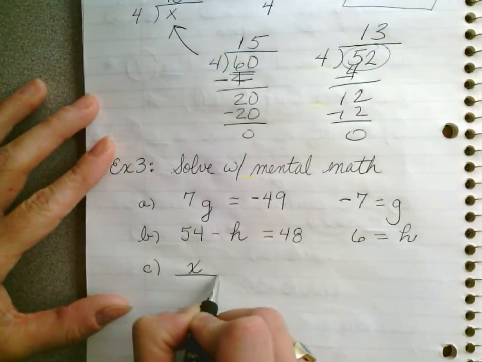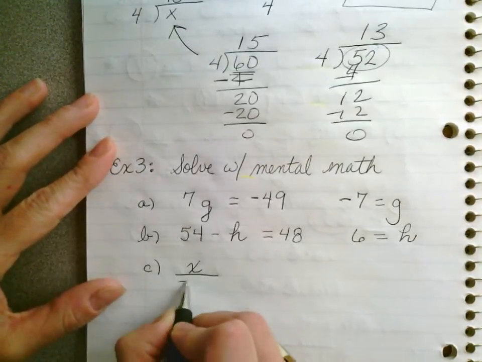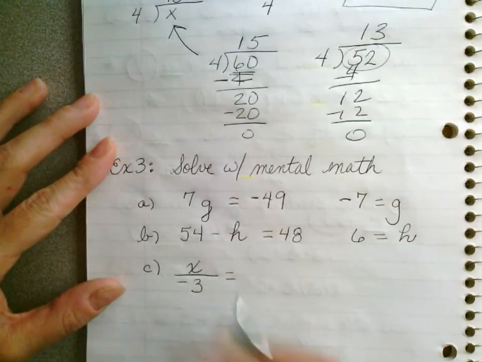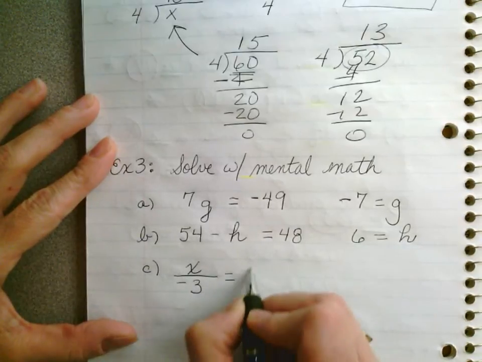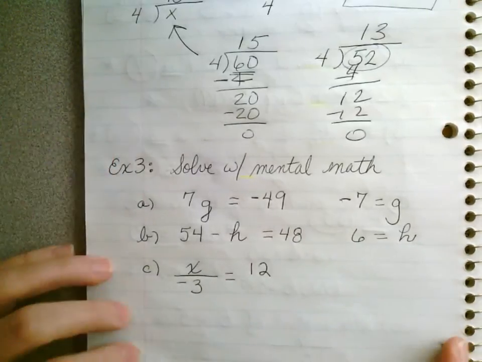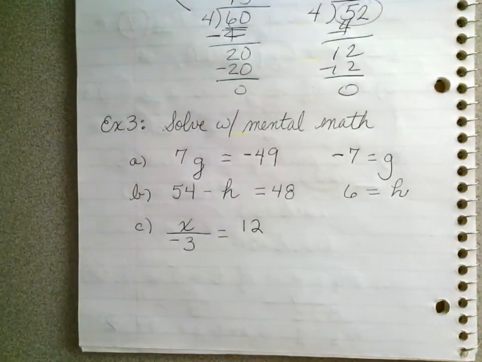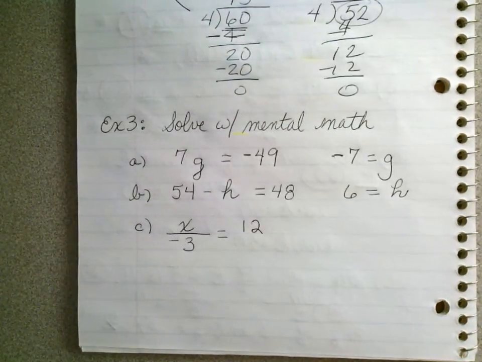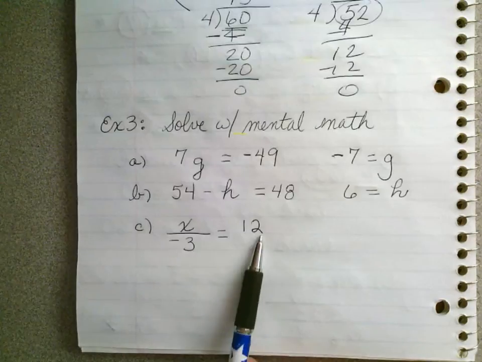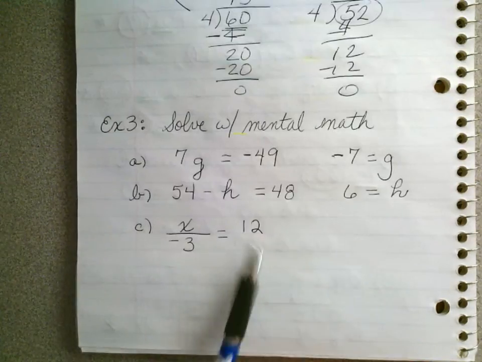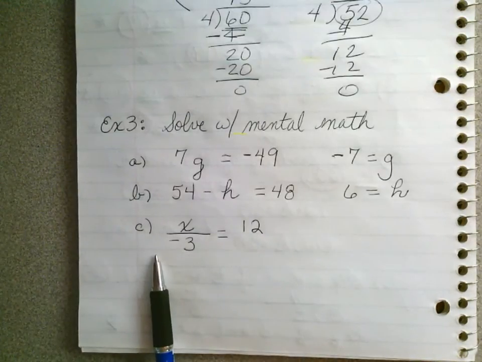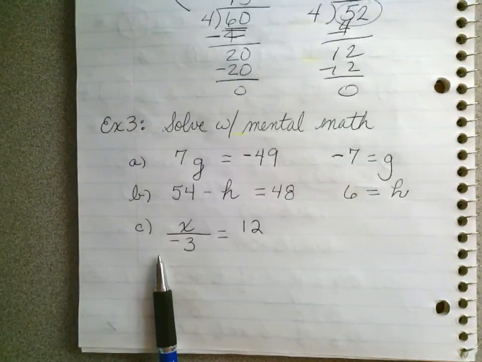Some number divided by negative 3 is equal to a positive 12. Go back to your rules with division and multiplication. When you are dividing two different signs, the result is negative. Okay? So what will the answer be?